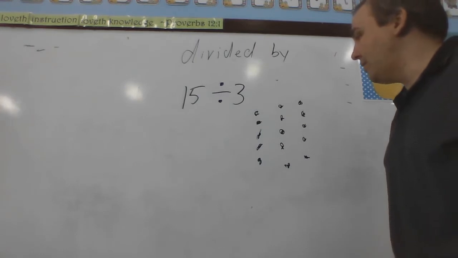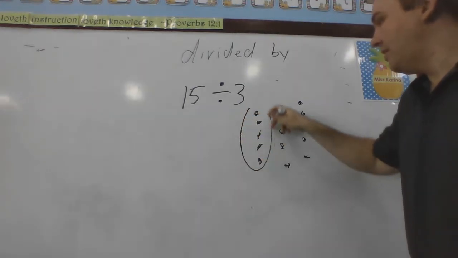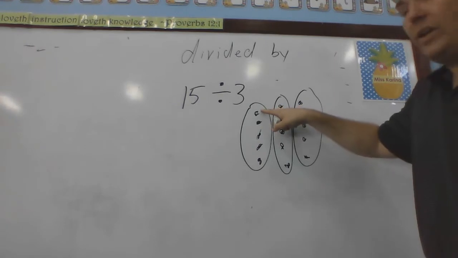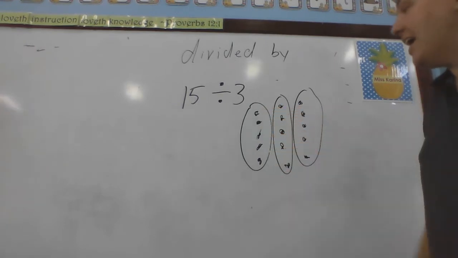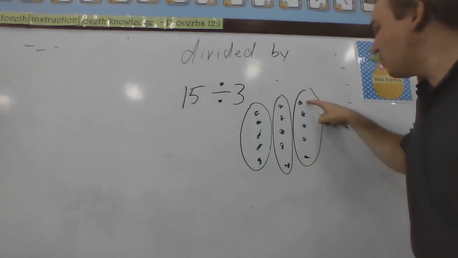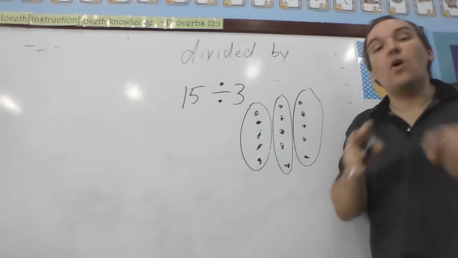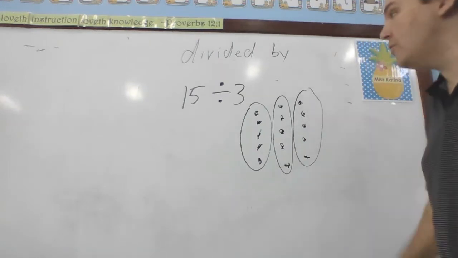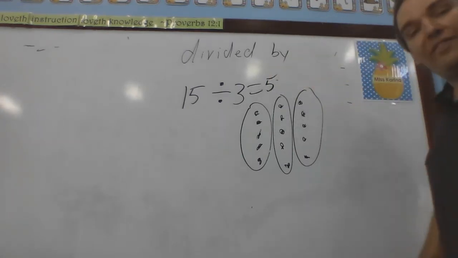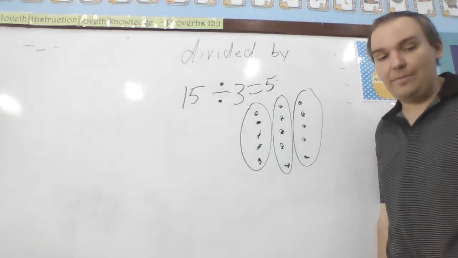Well, we just start taking these and putting them in different groups. One group has 1, 2, 3, 4, 5. This group has 1, 2, 3, 4, 5. This group has 1, 2, 3, 4, 5. See that? It's still 15 things. We split them up into 3 groups, and every group has 5 things in it, 5 puntos. Do you see what they're asking you?